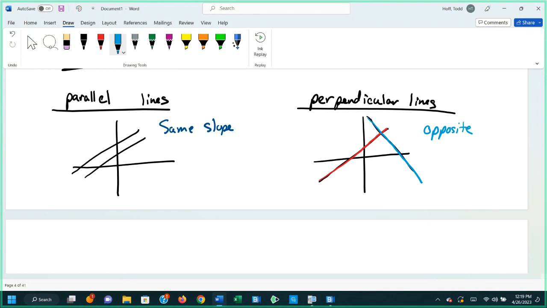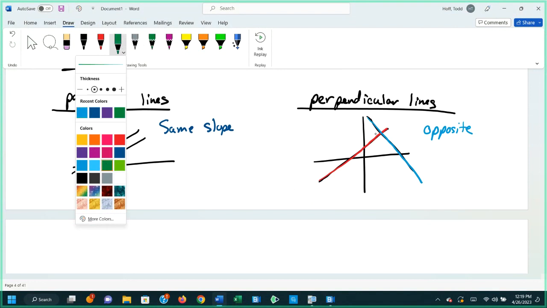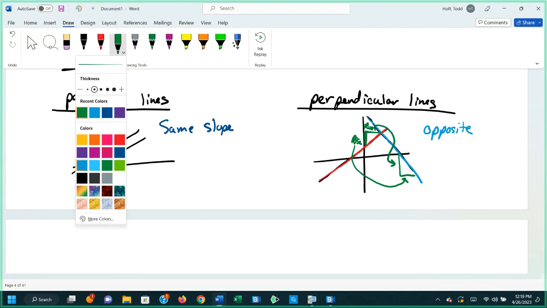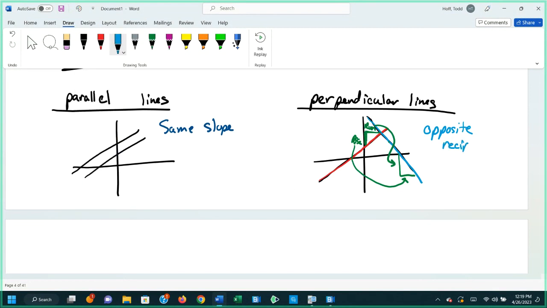And what happens if we draw in the rise and run triangles here, when we put in that perpendicular, the rise will become the run. And the run becomes the rise. So it flips it over, which is called a reciprocal. Opposite reciprocal slopes for perpendicular lines.